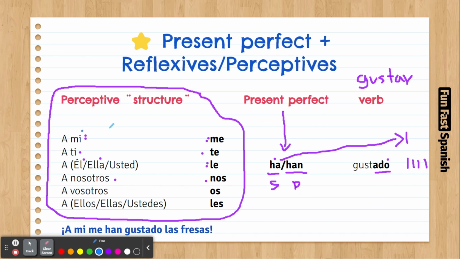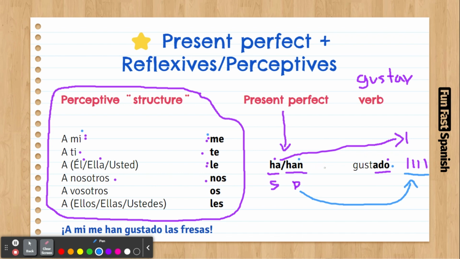So I will say, a mí me han gustado las bananas. In this case, it's plural, so we're going to use an. That's the difference here. If you have liked something singular, you use a. If you have liked something plural, you use an.